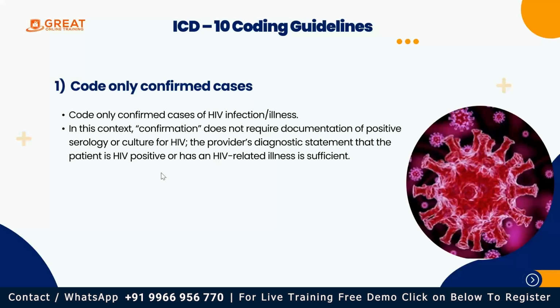If your provider documents that this patient is HIV positive or has any HIV related illness, you can code it as a confirmed case. For example, a patient with anemia with possible HIV infection. How can you code this scenario?